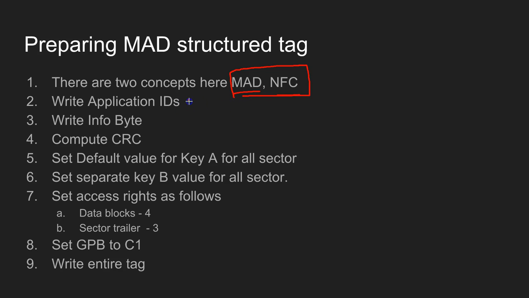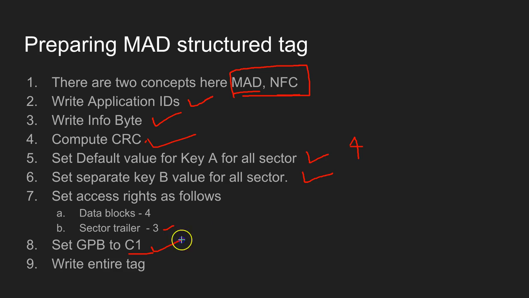We're going to write application IDs, we're going to write the information byte, we're going to compute the CRC, we're going to set the default value for key A for all the sectors, that is A0 to A5. We're going to have separate key B values for all the sectors. We're going to set the access rights as 4 and 3 for all data blocks, and the sector trailer as 3, and we're going to set the GPB as C1.